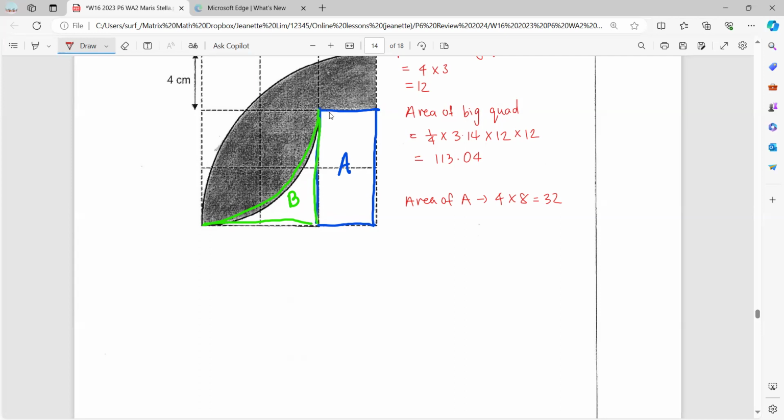So area of the square will be 8 times 8. Then next, area of small quadrant.